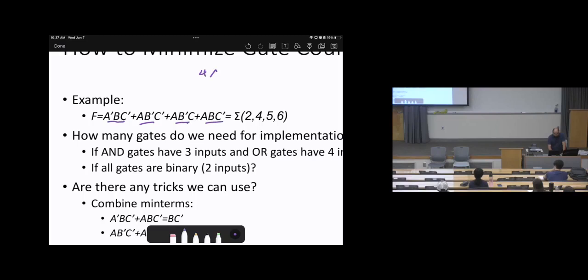So we have 4 ands, right? This is in canonical form. How many ors do we have? 3 ors. Can we make them 1 or? Yes, we can have 1 or. So we have 5 gates actually, 4 ands and 1 or.